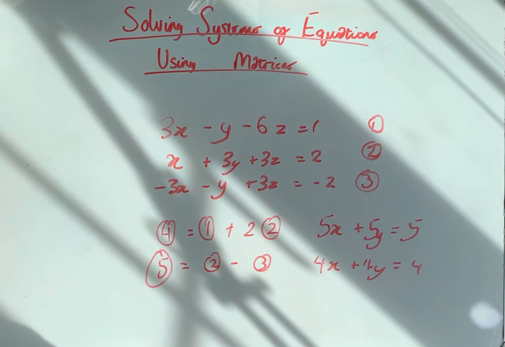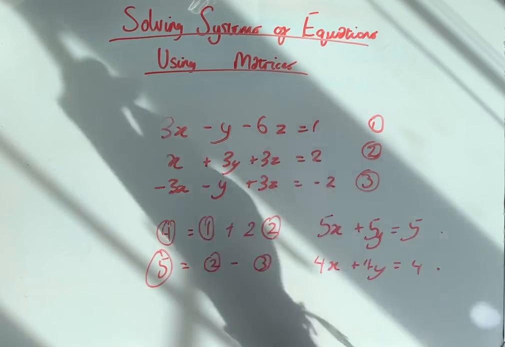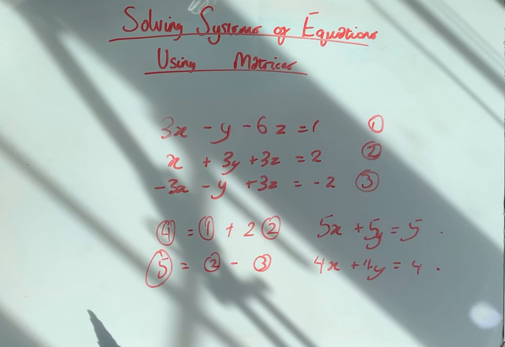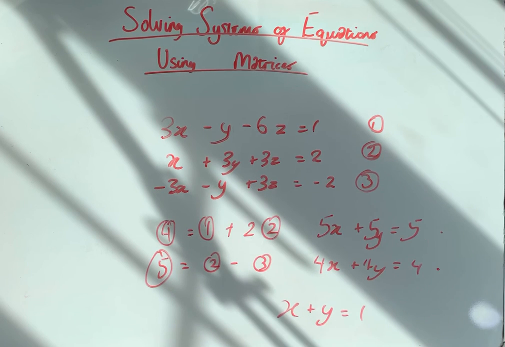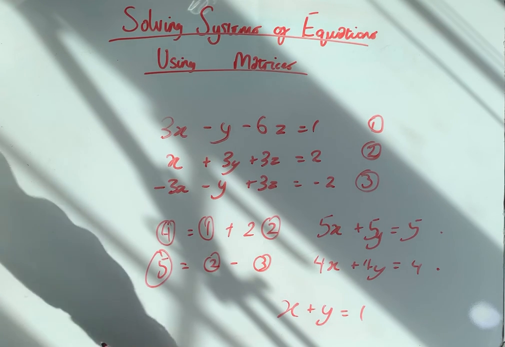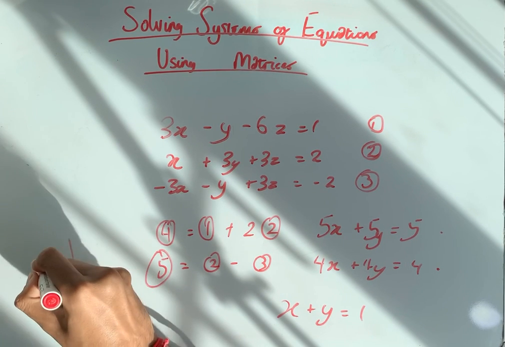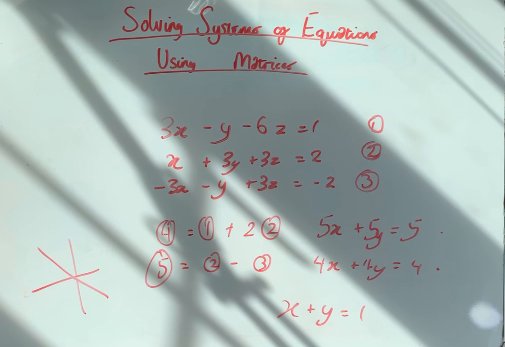Sorry, let me circle that. Now, these two are direct linear multiples of each other. They can both reduce to x plus y equals 1. Therefore, this system of equations reduces to a system with infinite solutions, or where all planes meet along a sheaf. And if the results were otherwise, the system would instead be prismic.